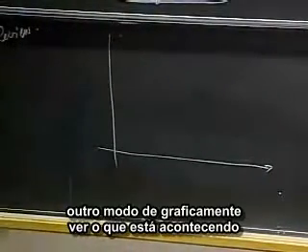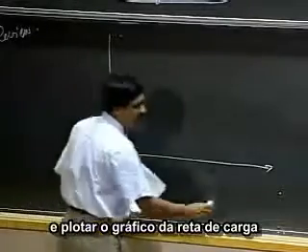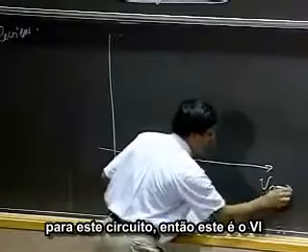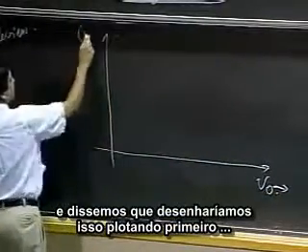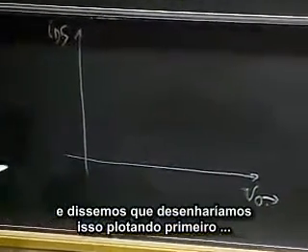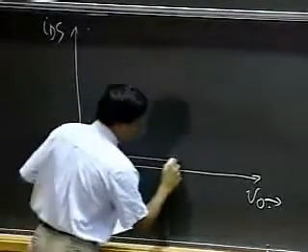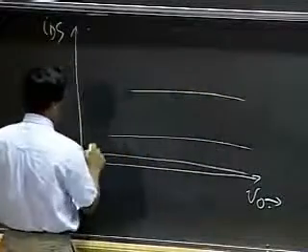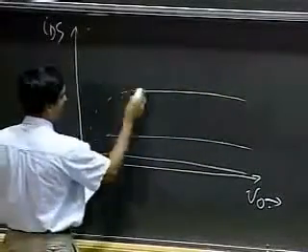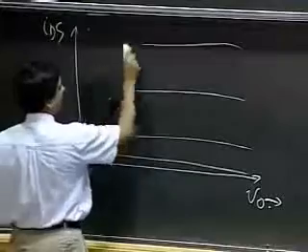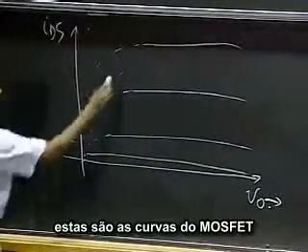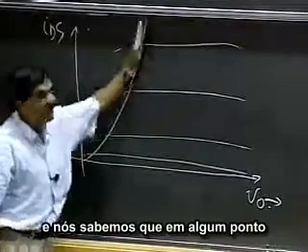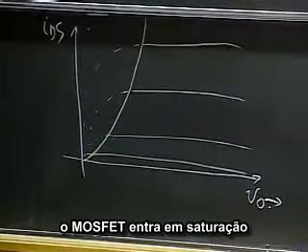Another way to graphically view what's going on is by plotting the load line curve for this circuit. So these were our MOSFET curves, and we know that at some point the MOSFET gets into saturation.